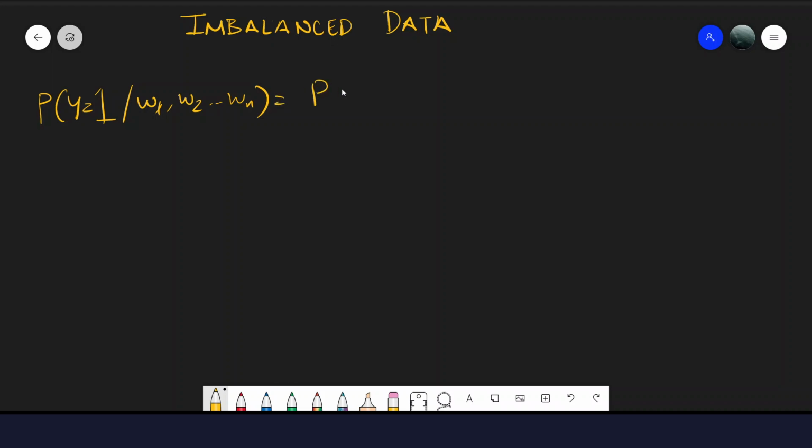This will be equal to probability of y equals 1 into the product over i equals 1 to n of the probability of Wi given y equals 1.